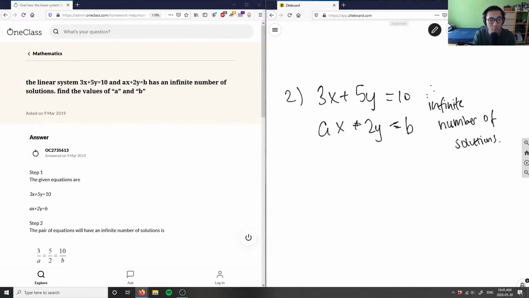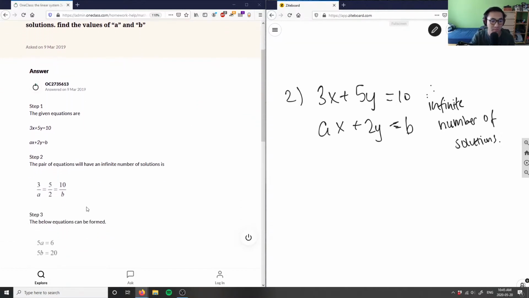So what we can do is, again, 3x plus 5y equals 10, and we know all the numbers in this linear equation, but we don't know a and we don't know b in this one. But we know the 2 here, so we can work with this 2. We can divide these equations by each other, so that's what they're doing here as well.